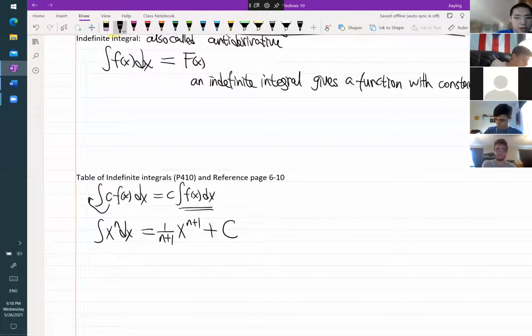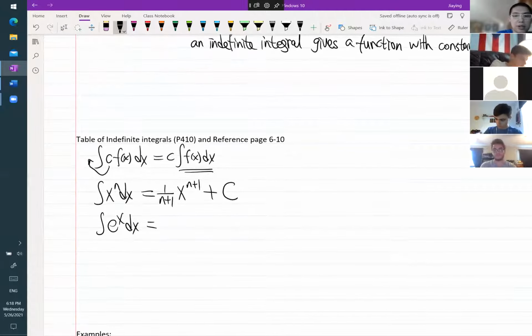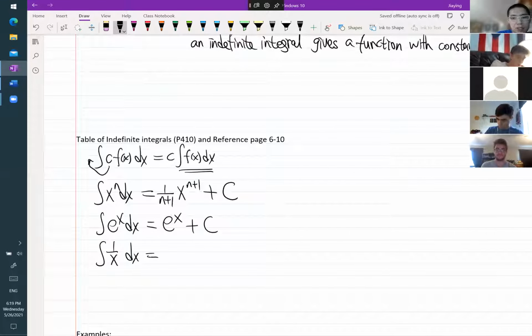And the integral of e to the x dx gives us just itself, e to the x, but don't forget to add a capital C for the constant. And the integral of 1 over x dx gives us the natural log of the absolute value of x plus a constant.